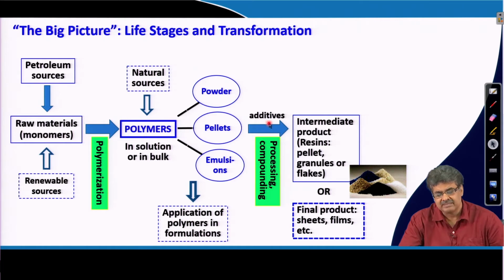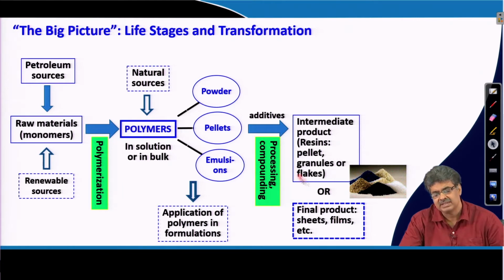In the first step, these polymer samples, which are mostly in powder, pellet or emulsion form, are added with some additives, and a process called compounding is carried out, and we get intermediate products like resins, pellets, granules and flakes. Sometimes in this step itself we can produce final products which have a very simple shape, like sheets, films, pipes, etc.